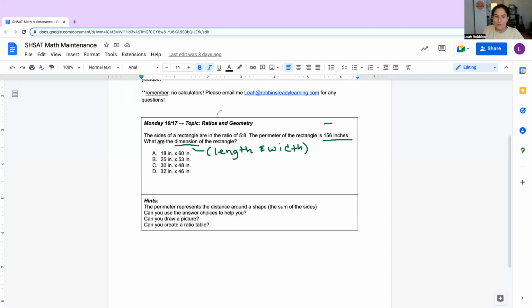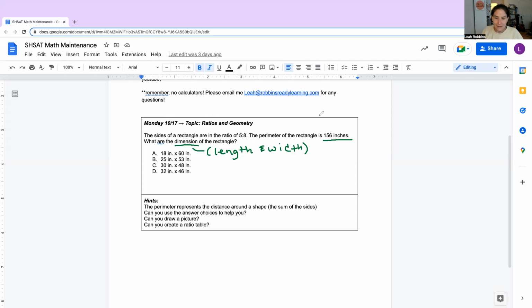All right, so I love creating tables when I have ratios. Tables to me are the best way to work with ratio problems because they allow you to kind of see a relationship between quantities and numbers.